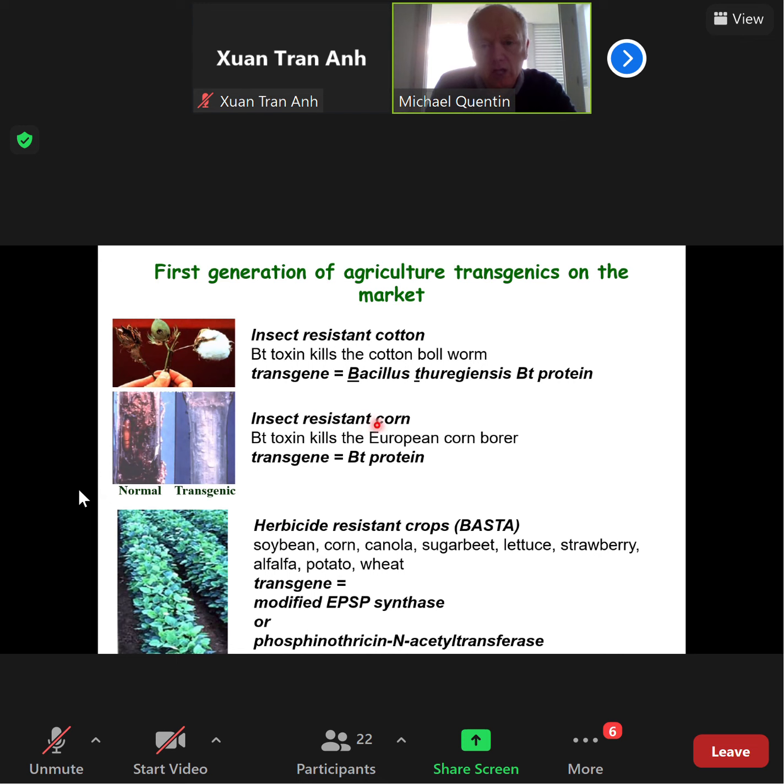Also, cotton and corn resistant to insects have been commercialized, and those transgenic plants resistant to insects are carrying what we call the Bt gene, a gene allowing production of a toxin for insects, which is a toxin normally produced by a bacterium, Bacillus thuringiensis. I will be speaking about this later on.